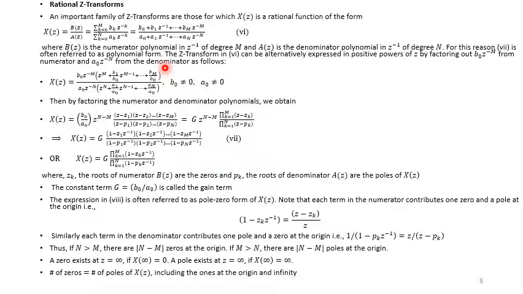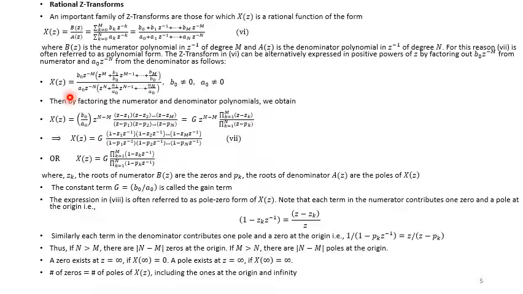Taking b0 z to the power minus M common, we are left with z to the power M plus b1 over b0 z to the power M minus 1, and so on up to b_M over b0.